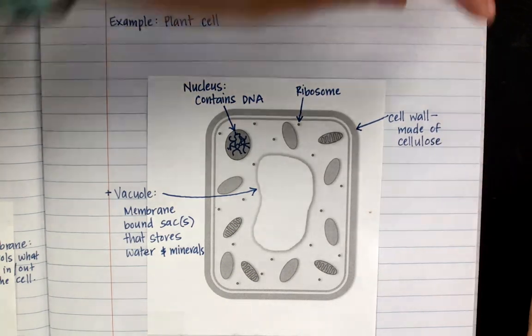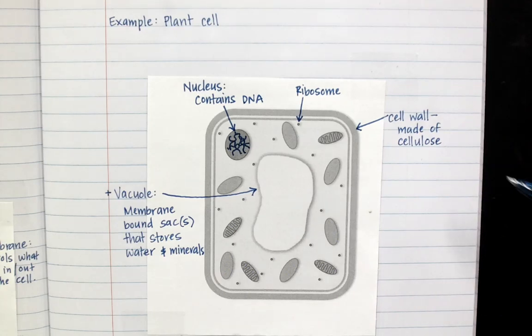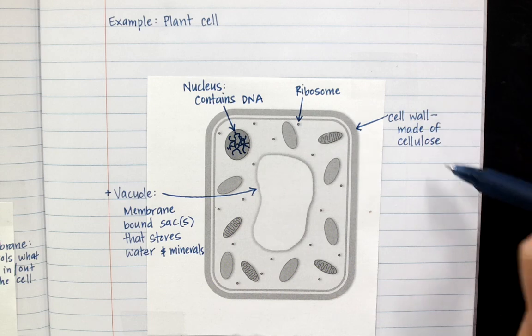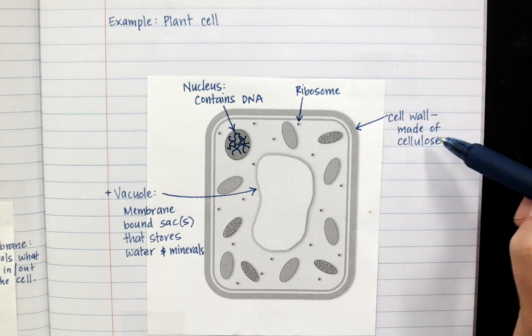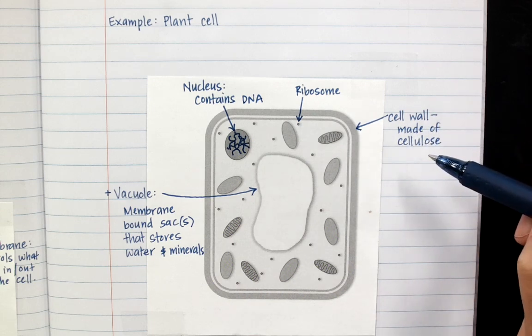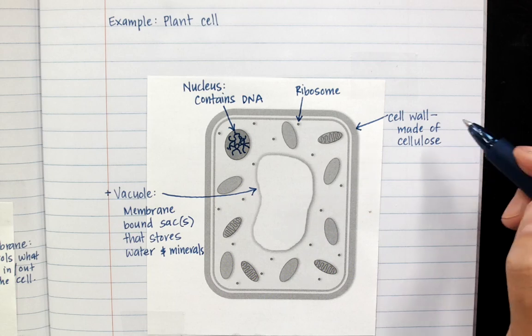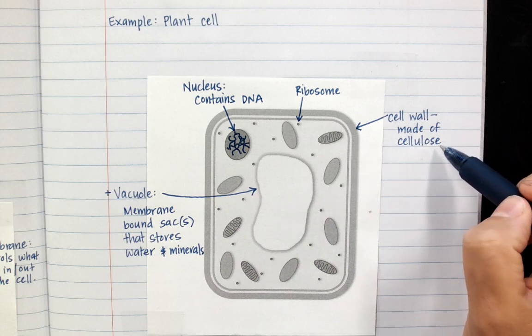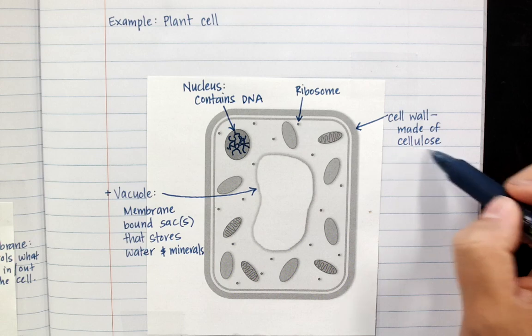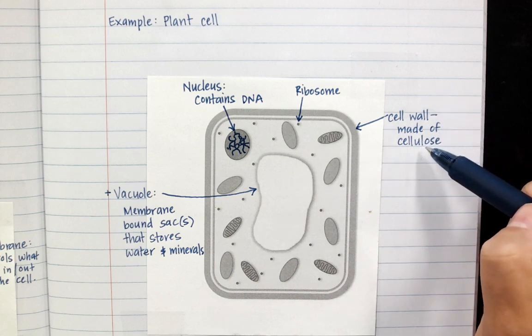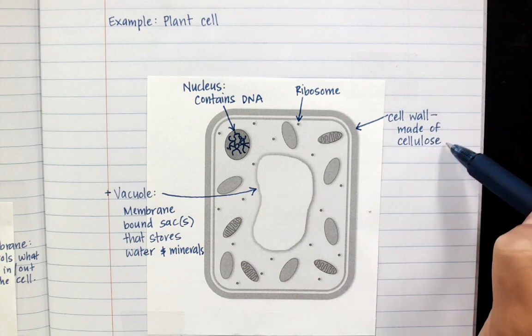cellulose. And when you eat plants, it's normally what gives the plant that crunch, the cellulose that's in the cell wall. Cellulose is a bunch of glucose molecules stuck together. And for example, when you eat celery, most of what you are getting in that celery is actually cellulose.